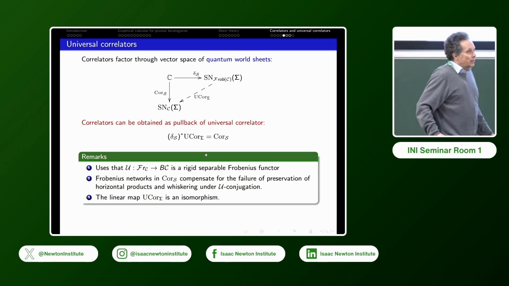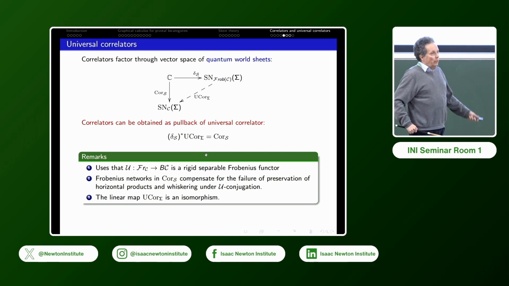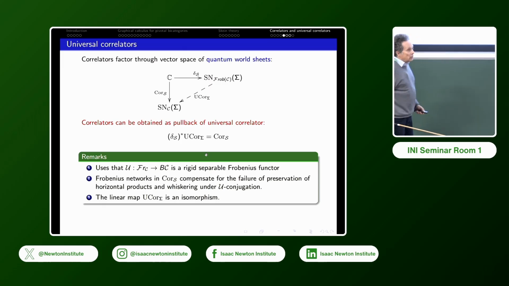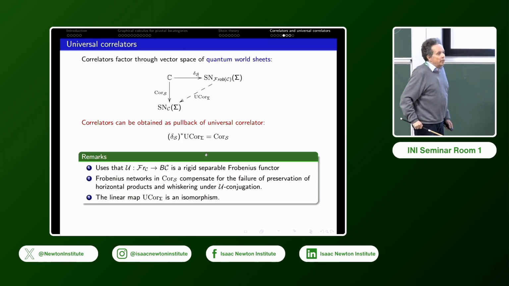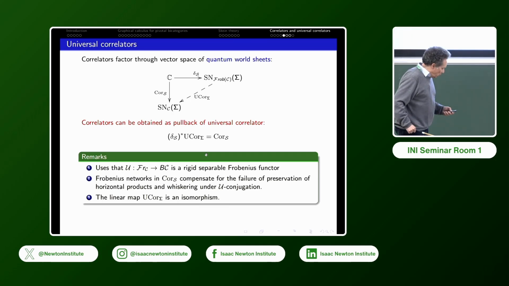Of course, bulk fields, just on their own, are too few. But if you use all defect fields of all kinds, then you are using all conformal blocks, and the word all is to be meant in the sense of vector spaces, so the linear spans are equal. Good.